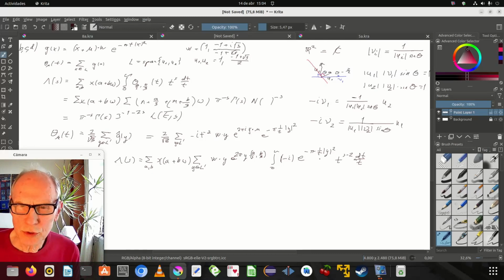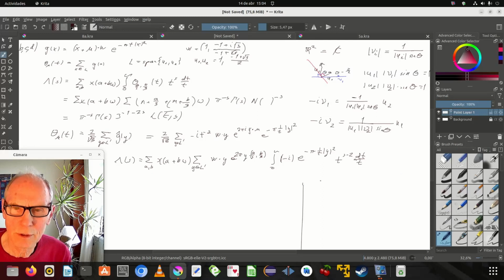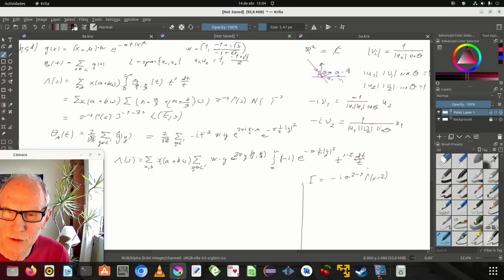And we make the substitution with the reciprocal of t, so that the integral itself becomes minus i pi to 2 minus s gamma of s minus 2, and then the norm of y to, now what's that?